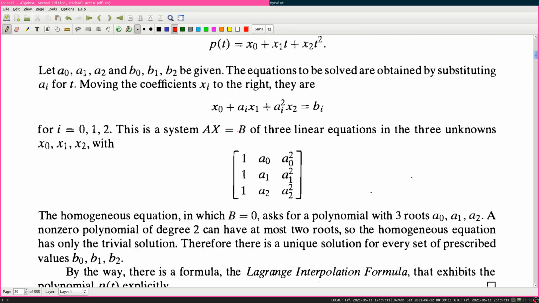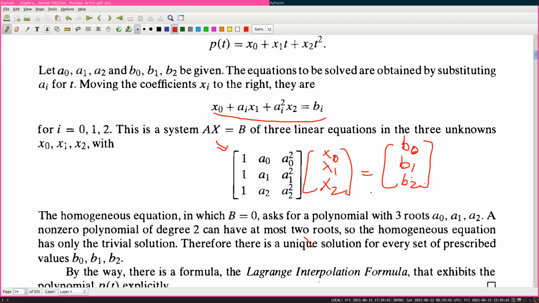This is a system Ax equals b of three linear equations in the three unknowns x0, x1, x2. This equation generalized over i is this matrix times x0, x1, x2 equals b0, b1, b2.